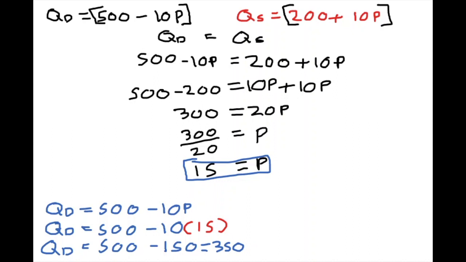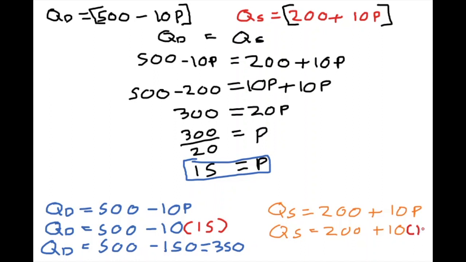However, we can change that up slightly if we want to as well. We can substitute it into our quantity supplied equation if we so wish. So quantity supplied is equal to 200 plus 10p. We know that quantity supplied then is equal to 200 plus 10, and the price in this case is still 15.